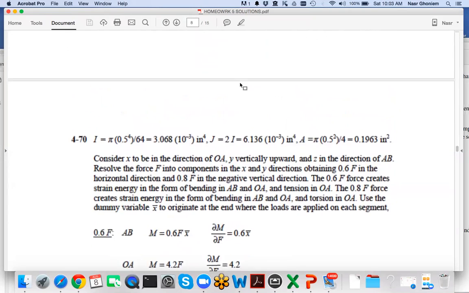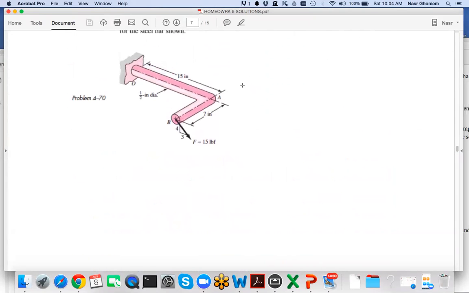So in this problem, we have a force concentrated at point B, and it is 15 pounds. We want to compute the displacement of the tip B in the direction of the force, and also the displacement vertical and horizontal. I think we went through similar examples before, but this is a quick one.